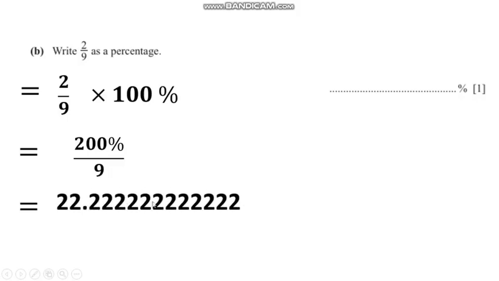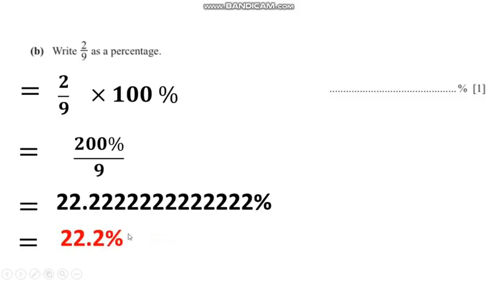22.22222%. Now, the instructions of the paper said we need to write our answer correct to 3 significant figures. But if you are dealing with answers that are in angles, we're supposed to write them correct to 1 decimal place. So this answer, we need to write it correct to 3 significant figures, and it's going to be 22.2%.